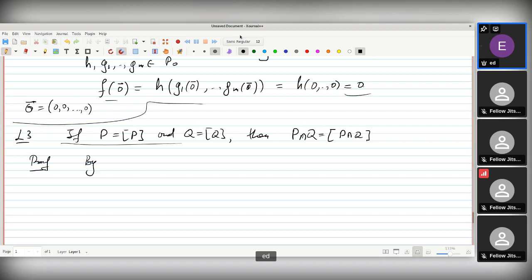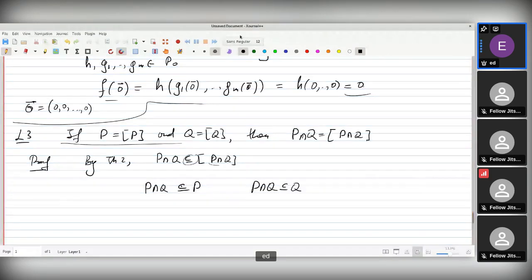As usual, by theorem 2, it is immediate that the intersection of whatever sets is included into its closure. But now we are interested in the other direction. Okay, it is not hard either. P intersection Q is included into P. Do you agree?